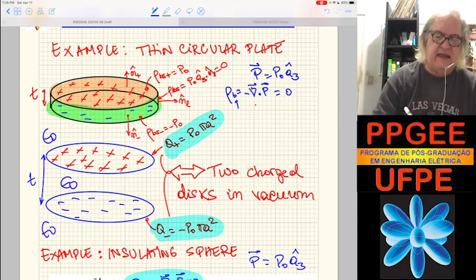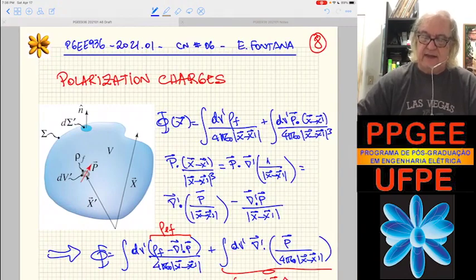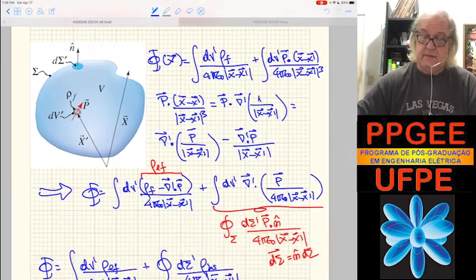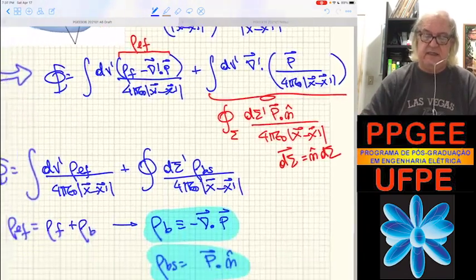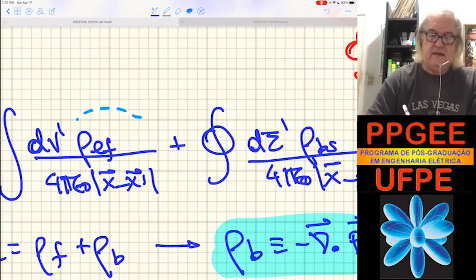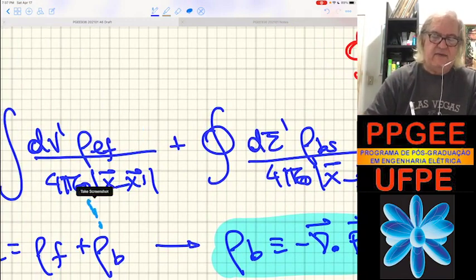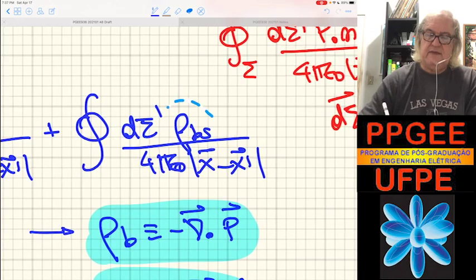So effectively, this thing is equivalent to that. Remember the expression that we got, right? Everything takes place as if the effective distributions were in vacuum, because epsilon 0 is the parameter that appears here. Here too, right? So it's a surface distribution in vacuum.